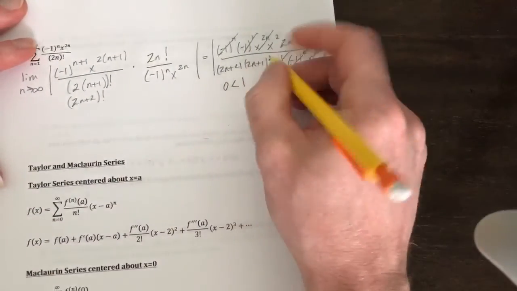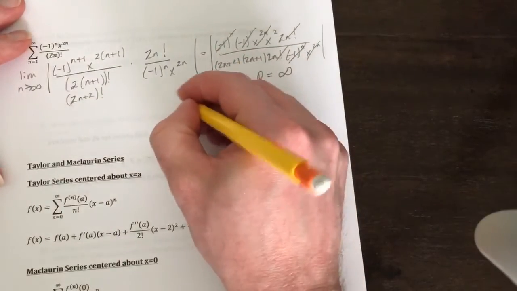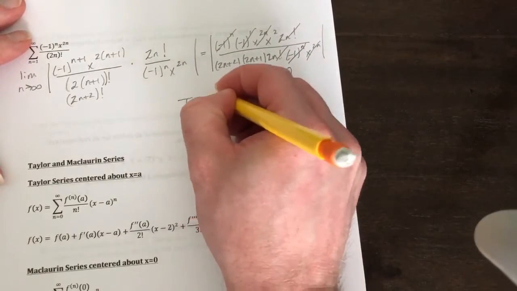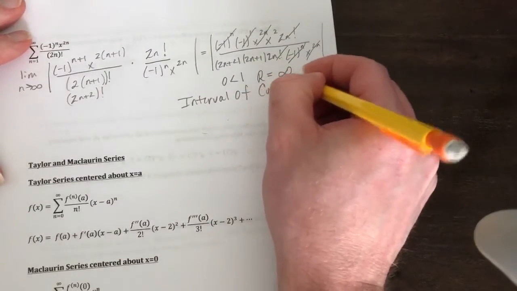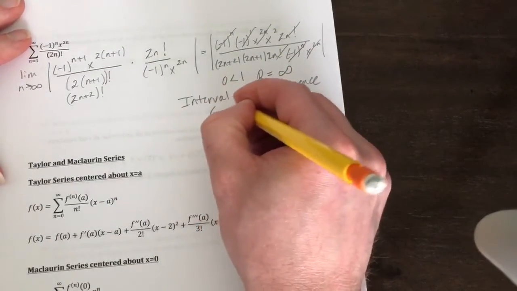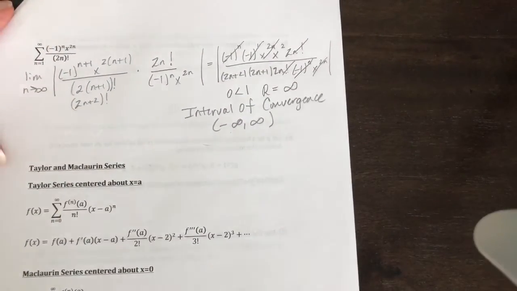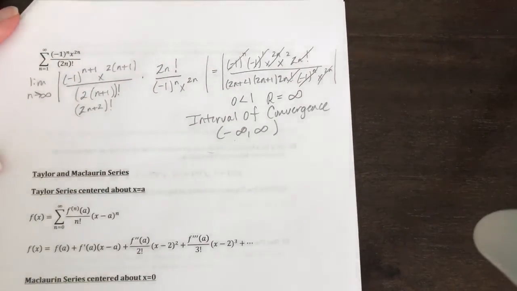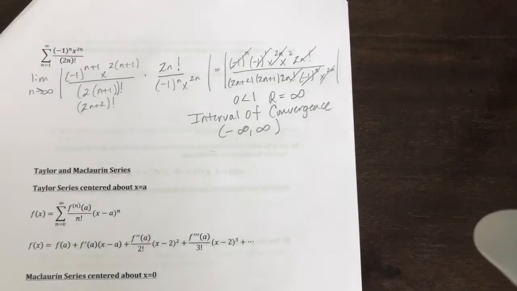So your radius of convergence is going to be infinity, and your interval of convergence is negative infinity to positive infinity because it's always going to converge. Okay. So that is radius of convergence and interval of convergence in power series.